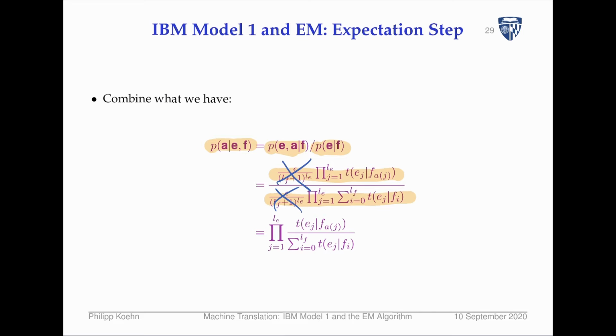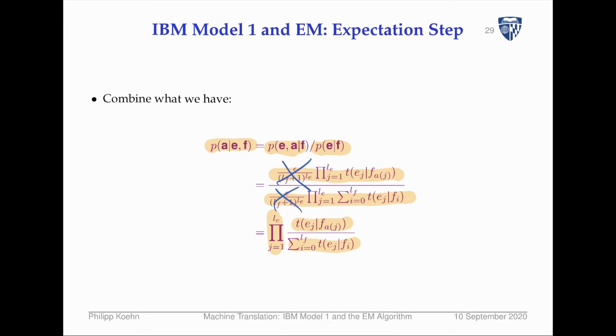And actually, when we look at this closer, we can even pull all this together even better, making this product over explaining each word divided by the sum over all the possible choices for it.